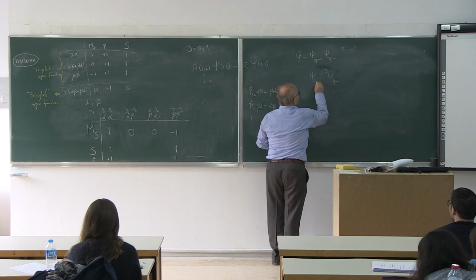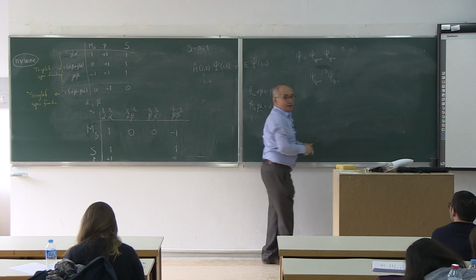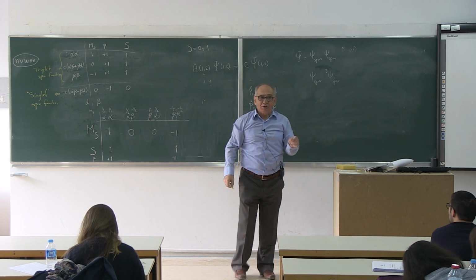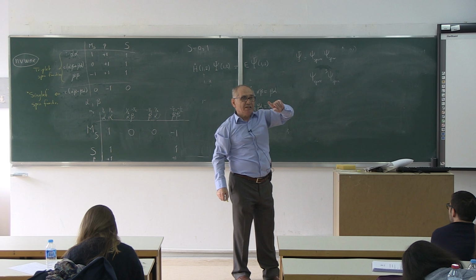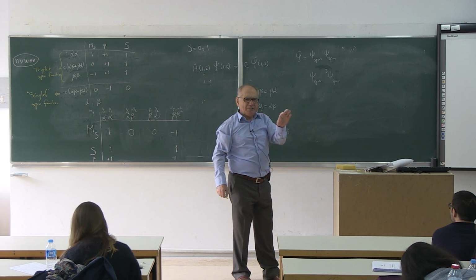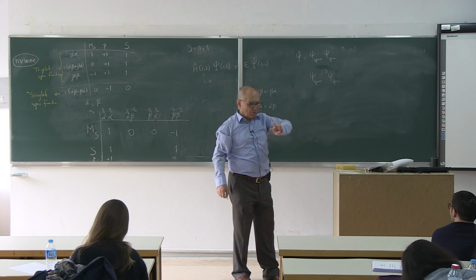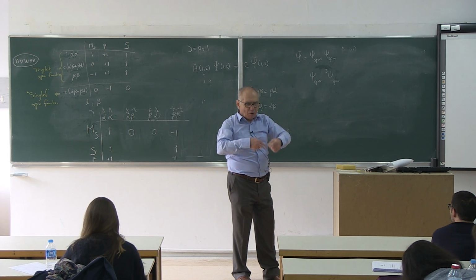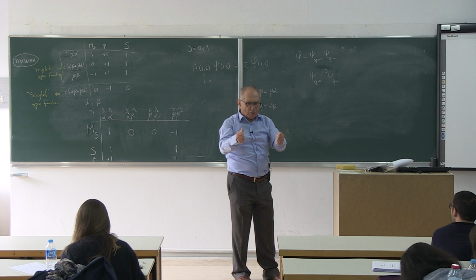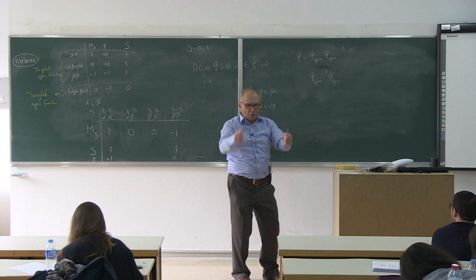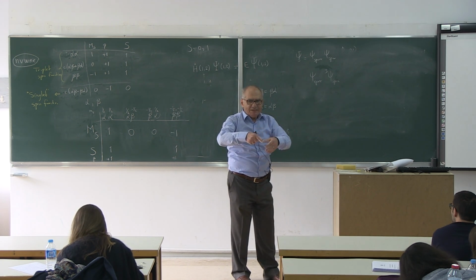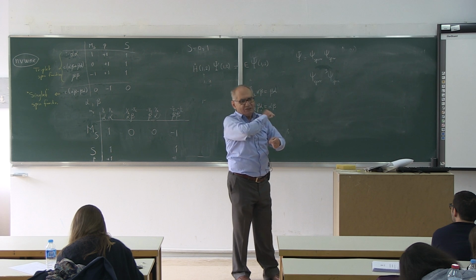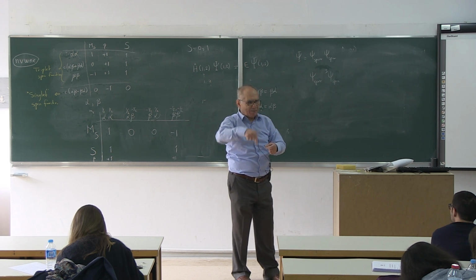The psi space part must be symmetric or antisymmetric with respect to space exchange, meaning space variables of the 2 electrons are exchanged. Remember, the overall function, when we exchange all 4 space plus spin variables of the 2 electrons, the total function must always change sign, must always be antisymmetric.